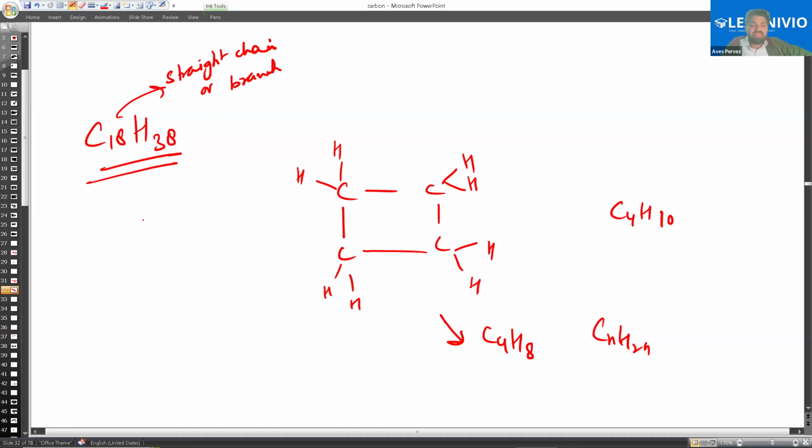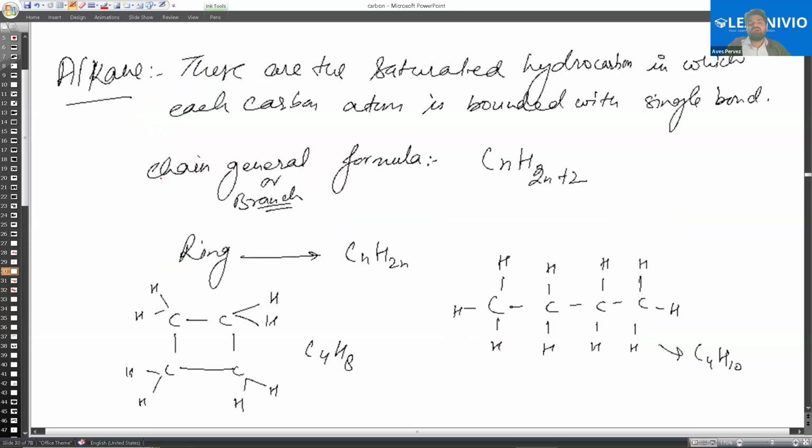But if you have a cyclo, meaning a ring of 18 carbons, then it will be C18H36. The 2 hydrogens will be removed. So this is the reason. Are you understood? What is alkane? Alkanes are the hydrocarbons which have carbon-carbon single bonds. Note it down.